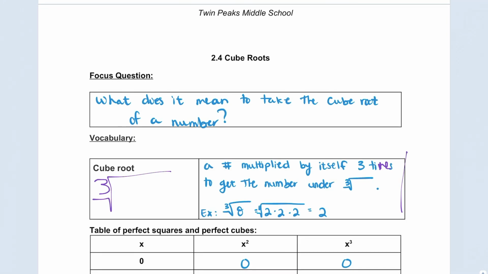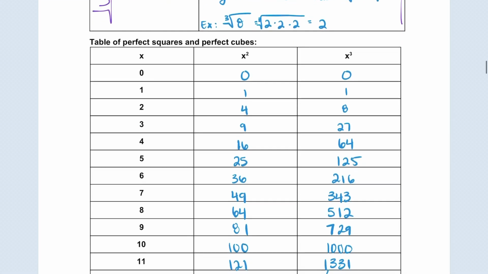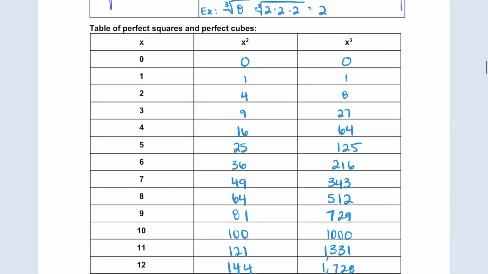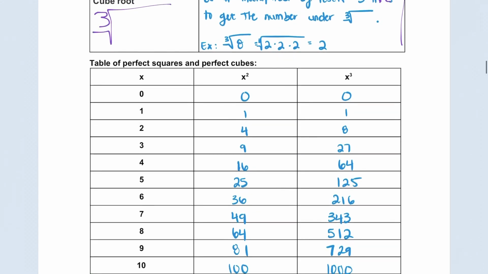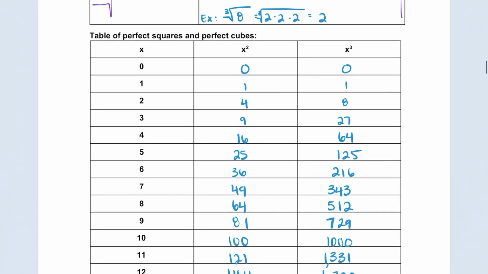Okay? So the first thing that we're going to have you guys do here is to fill in this table of perfect squares and perfect cubes. The middle column here will be your squares, right? So all of the x values to the second power. And then your last column will be all of your x values to the third power. And my suggestion to you guys is get really comfortable with these values, okay?